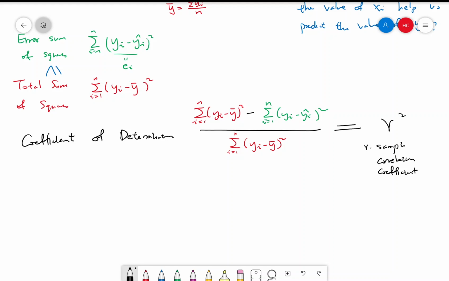So this links the least square line with the sample correlation coefficient. So let me introduce the third term before we talk more things. So the red term itself is called the total sum of square, and the green term is the error sum of squares, and the difference is called the regression sum of squares.